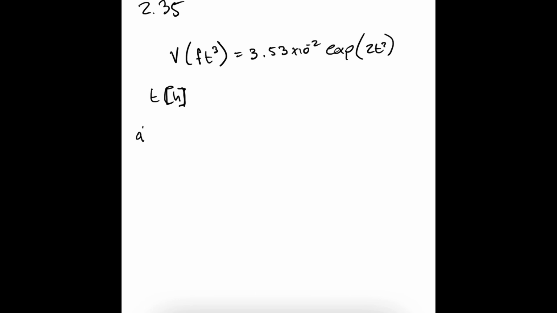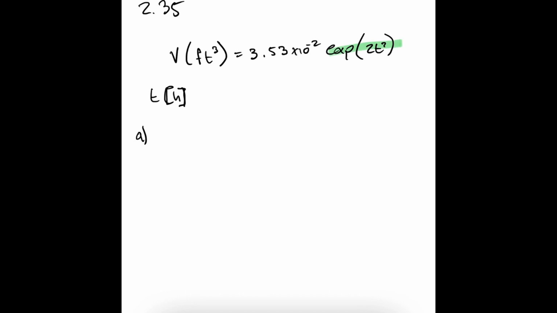Part A, what are the units of 3.53 times 10 to the minus 2 and 2? Well, as we've said before in previous episodes, the exponent term cannot have any units.